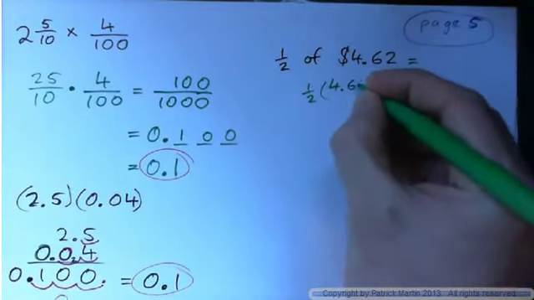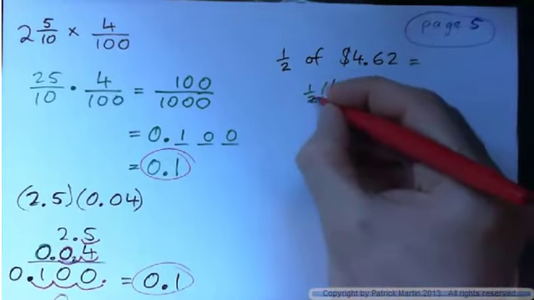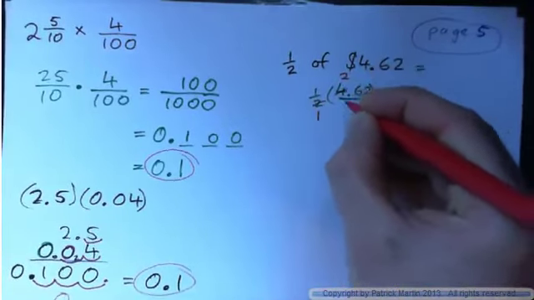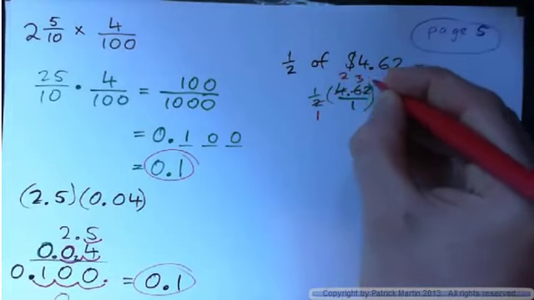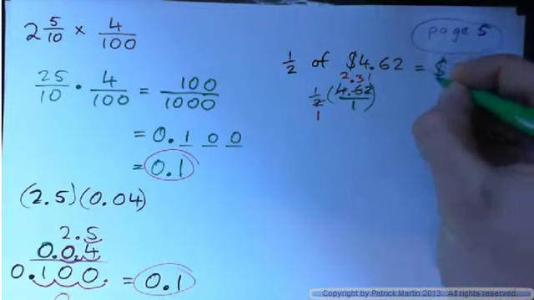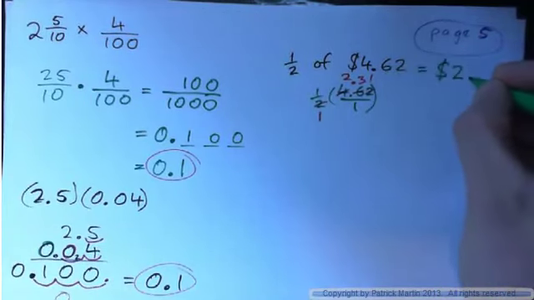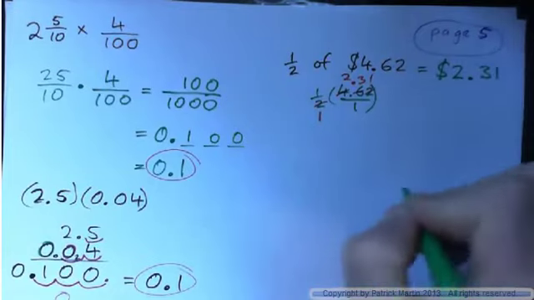And 4.62 over 1, you could write that like that if you want. And then you could go 2 into 2 goes once, 2 into 6 goes 3 times, 2 into that goes once, so 231. But you might be able to figure that in your head. It's got to be $2 something anyway, isn't it? $2.31. That makes sense, right?